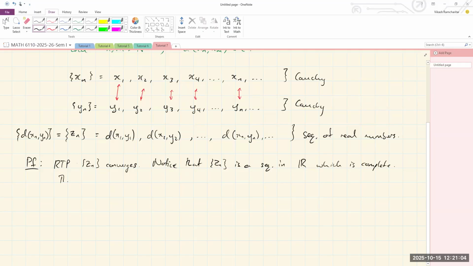Therefore, it is enough to show that this sequence zn is a Cauchy sequence in R, because we know R is complete. So it is enough to show that the sequence zn is a Cauchy sequence. Okay, so that is going to be my aim.